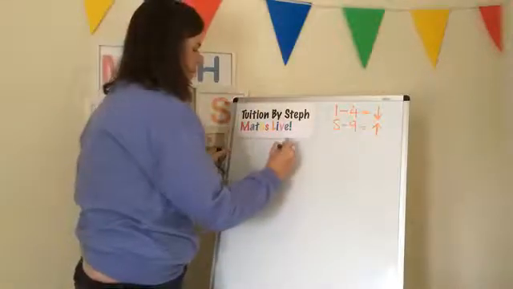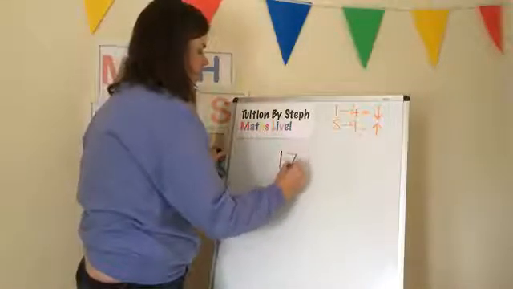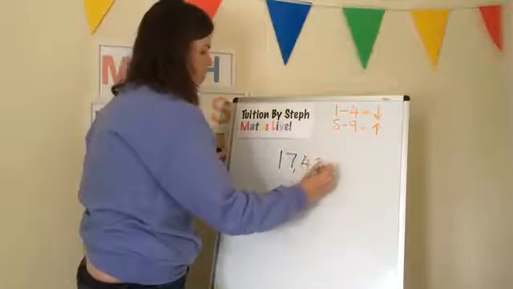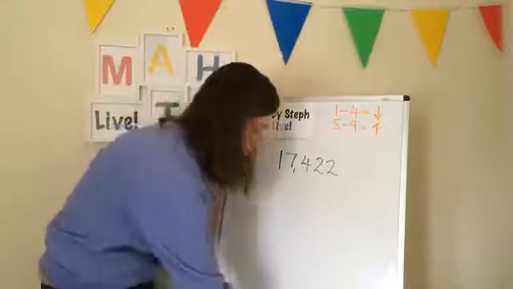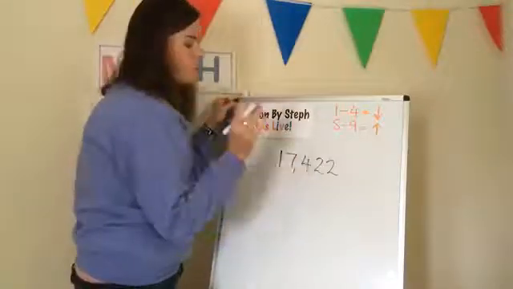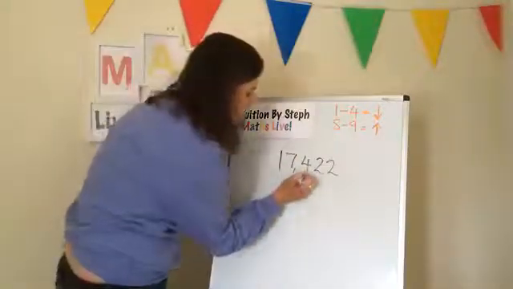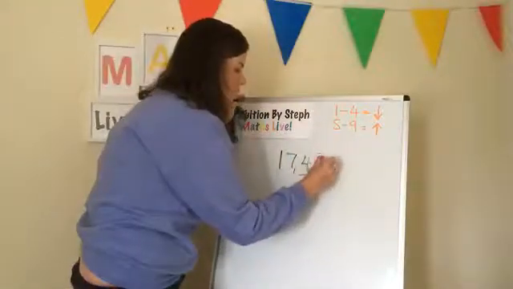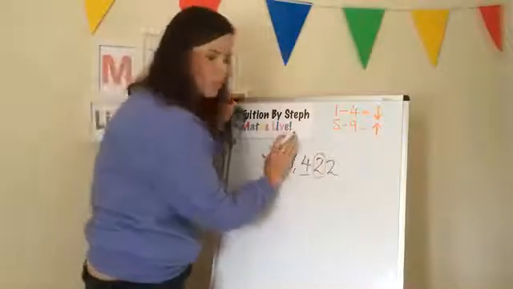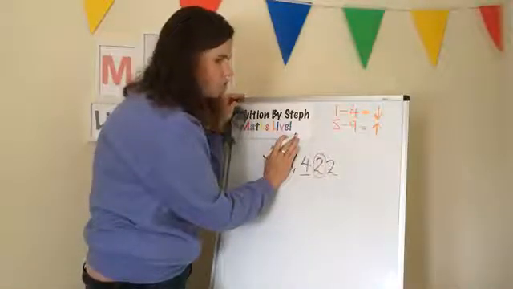So this time, we're going to do 17,422. We're rounding to the nearest 100. Here is our hundreds digit. And here's the tens that's going to do the bossing around. I'm going to ignore this part first. 422.